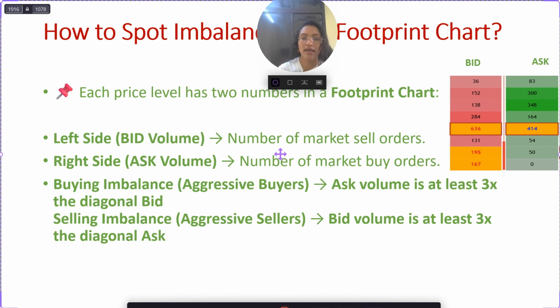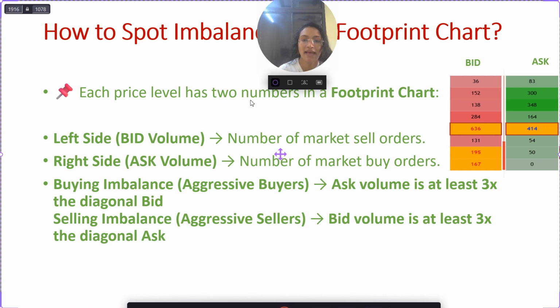To learn about order flow footprint charts, this is the most important thing. If you don't understand this, you cannot understand the order flow charts. So whenever you see any order flow here, you have to understand that this is bid and this is ask. I'm going to explain in detail about this bid and ask and how to interpret it.